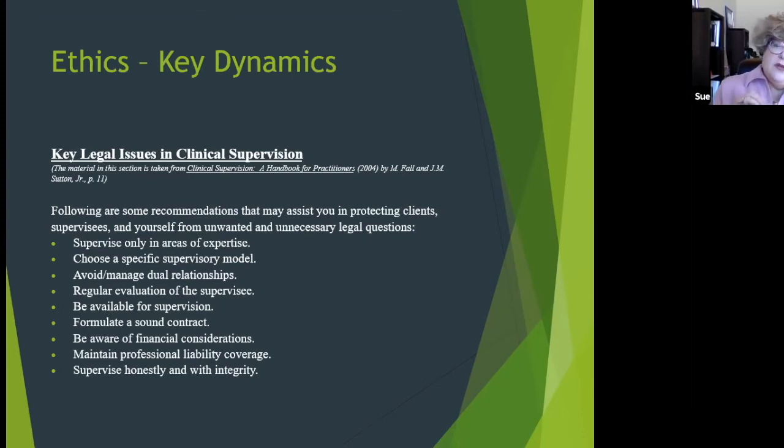Professional liability coverage. I want to talk about that a little bit from the standpoint of not all liability coverage specifically talks about clinical supervision. So if you have liability coverage, read it and see if it's clear, and if it's not, talk to your provider to make sure that clinical supervision is something that's specifically covered in your liability insurance.